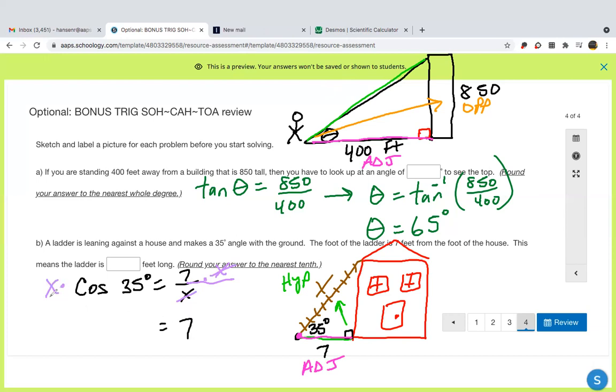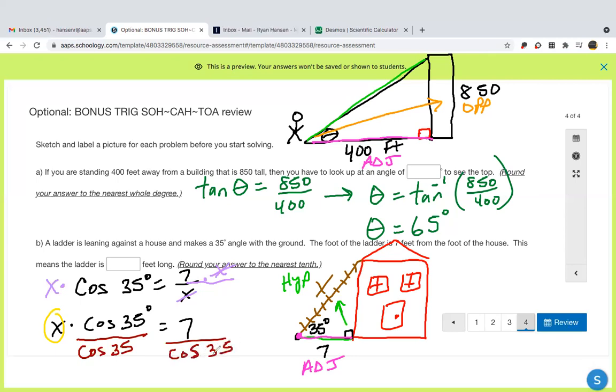Equals X times cos 35 degrees. Note that if I circle X, it's not isolated. There's an operation happening to it: multiply cos 35. How do you undo multiply cos 35? Divide by cos 35. Whatever you do to one side, do to the other.